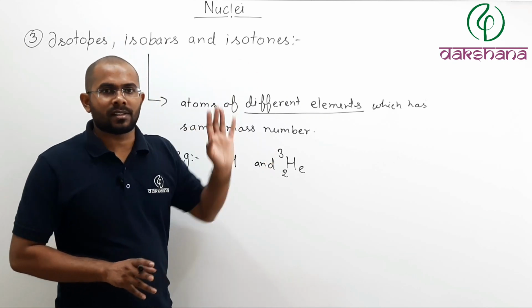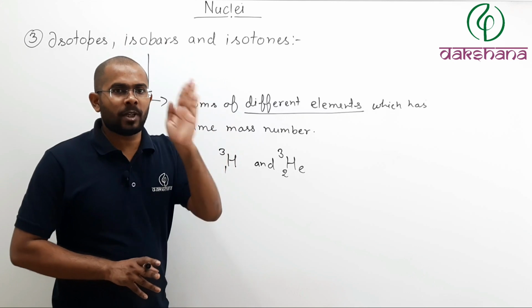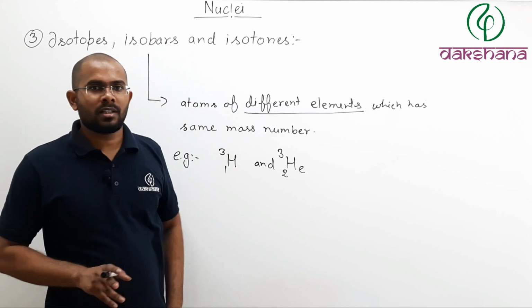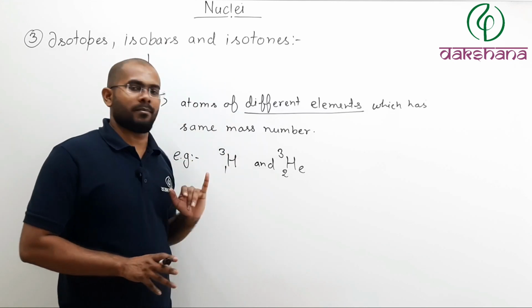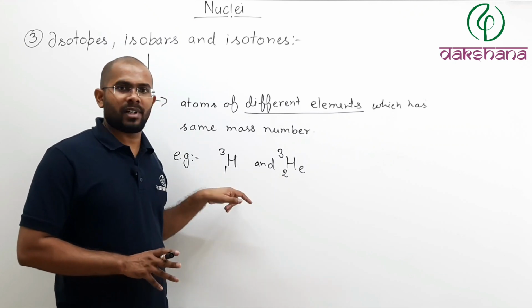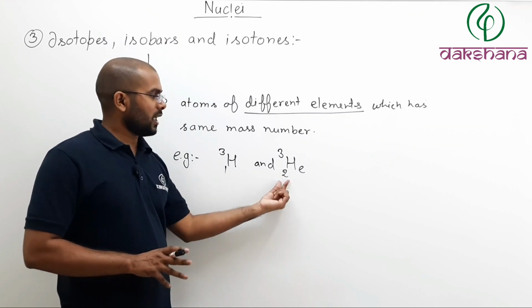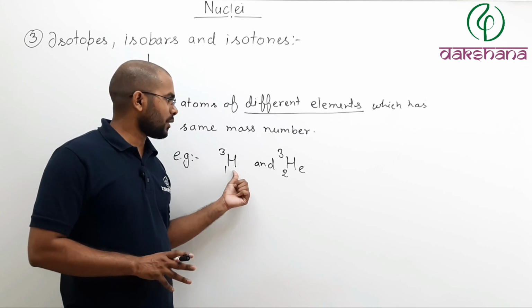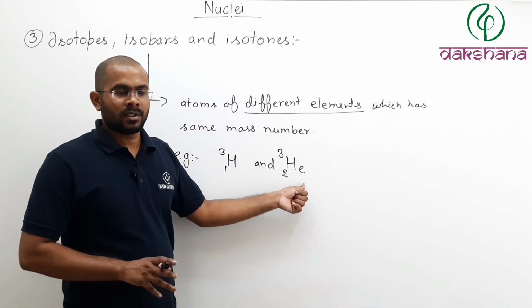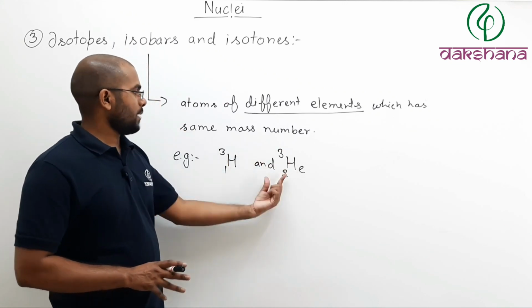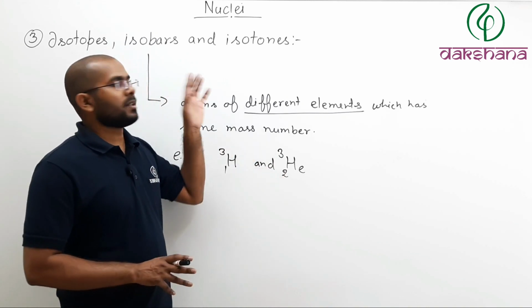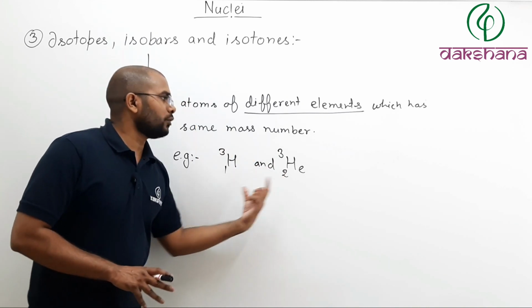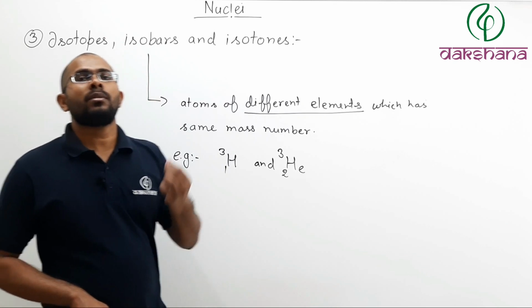We don't care about anything else. We only want to know whether the mass number is the same or not. So if the mass number is the same and the elements are different, here it is 1 proton, here it is 2 protons, so this is hydrogen, this is helium. Since the mass number is the same and the atomic numbers are different, these two will be called isobars.